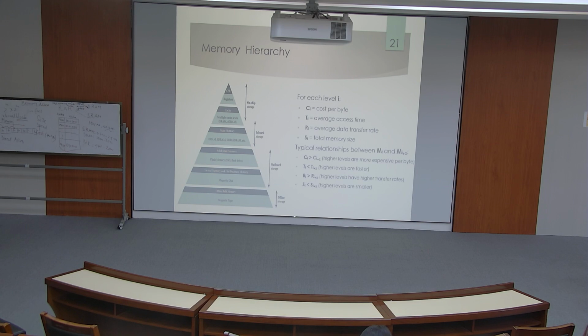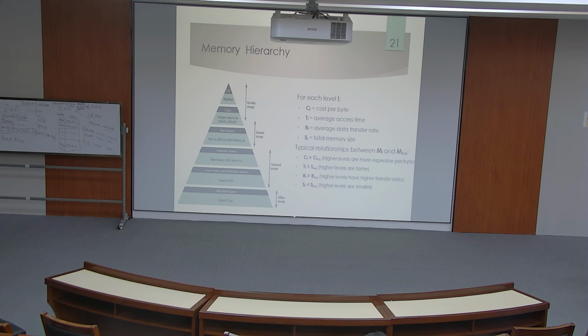Now, when it comes to the cost, pay attention to this. It is very important. The cost of a memory at level i has to be higher than the cost of a memory at level i+1. So this means what? In summary, higher level memories are more expensive per byte.